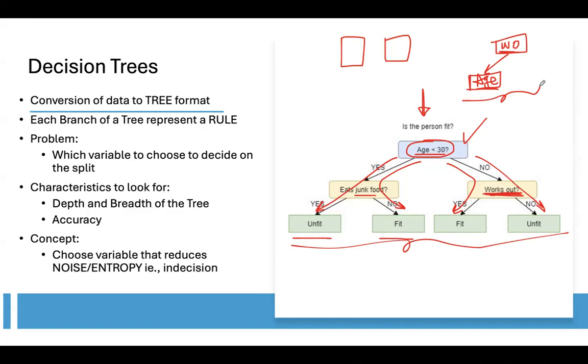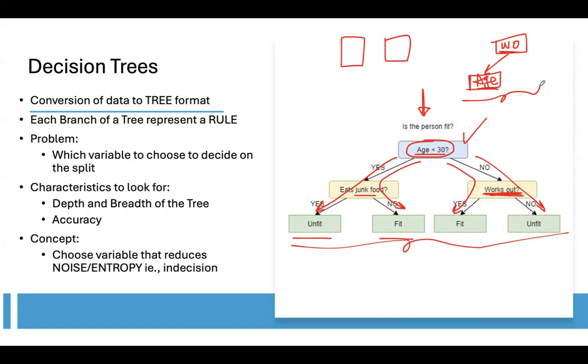So accuracy of a tree, that given an instance, how many times the tree correctly predicts whether a person is fit or not, is what we call the accuracy of the decision tree. So in both cases, if you ask the age question first, or you ask the workout question first, the accuracy of the decision tree may be different. Okay. And we'll now see in a while how a decision tree is developed.